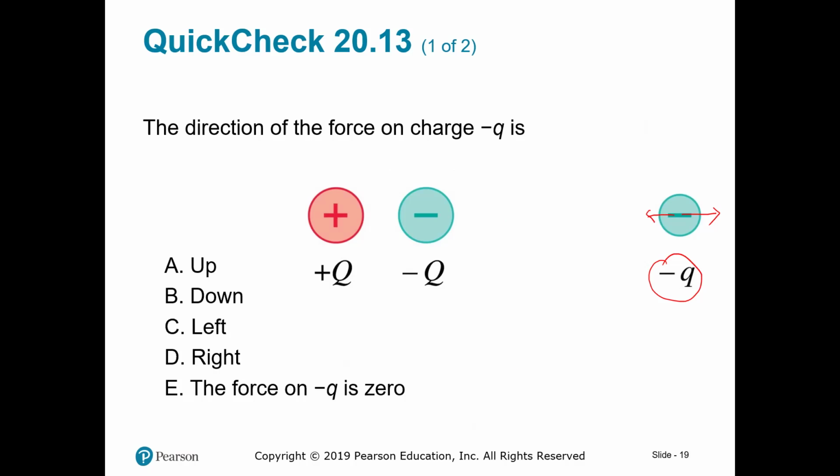Because they have the same charges, it only matters about distance. The plus charge, big charge plus Q, is farther than this distance, so this force is smaller. So the answer is to the right. Minus large Q charge applies a stronger force because it's closer.